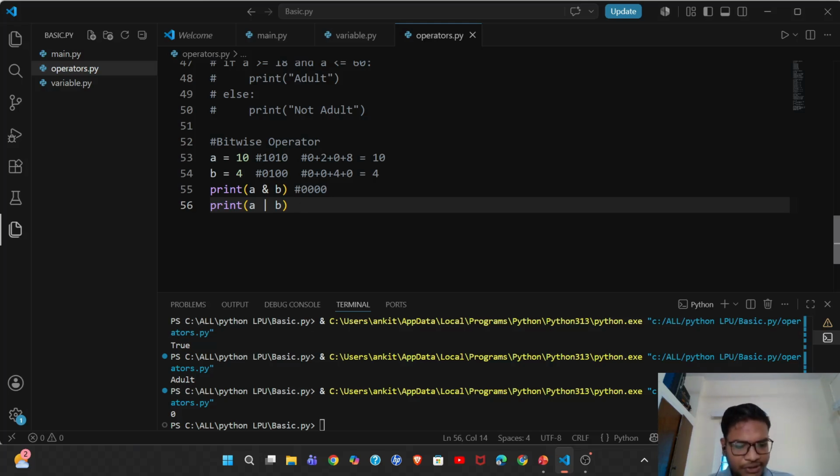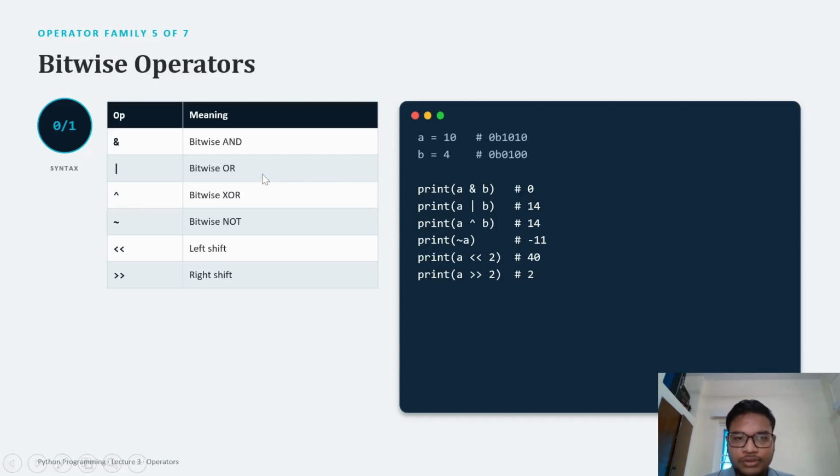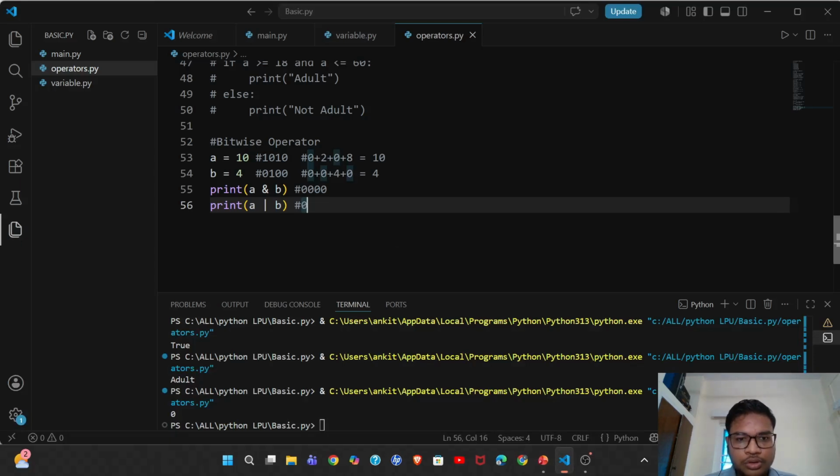So let's try it. Just like that, if any one is 1, the output is 1. So the bits are 0, 1, 1, 1 from power 0 to 3.